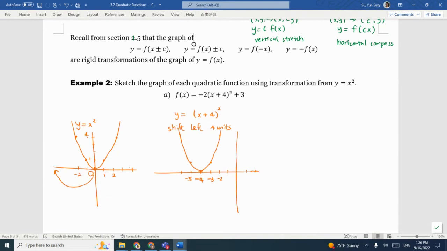No. This minus sign is in front of everything, right? So therefore we have what? Reflection over the x-axis. Very good. So y equals negative (x plus 4) squared, and this reflects over the x-axis.